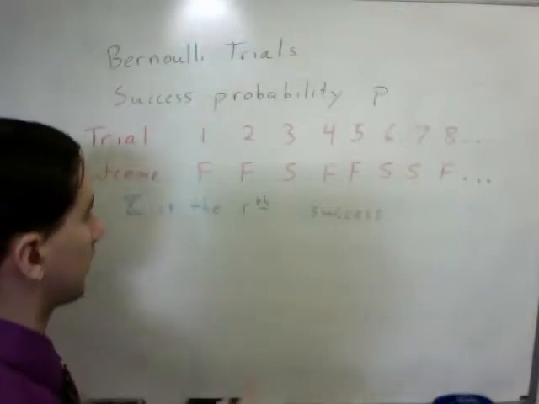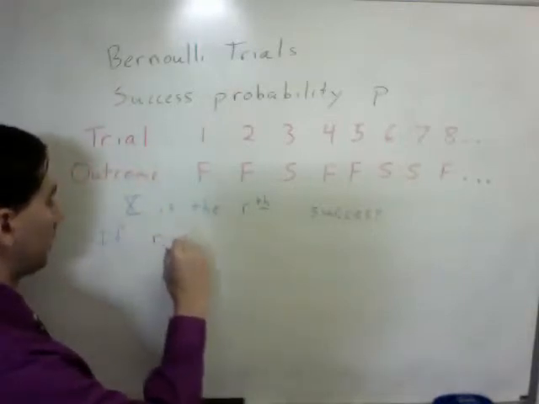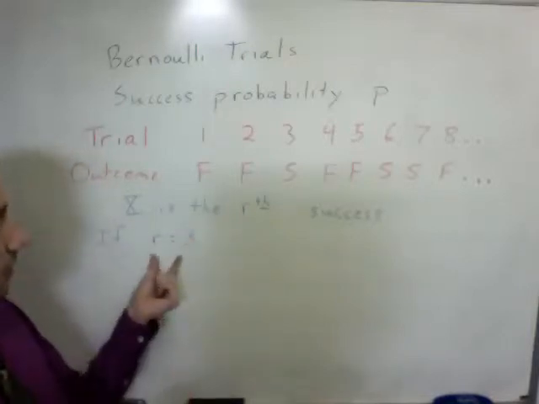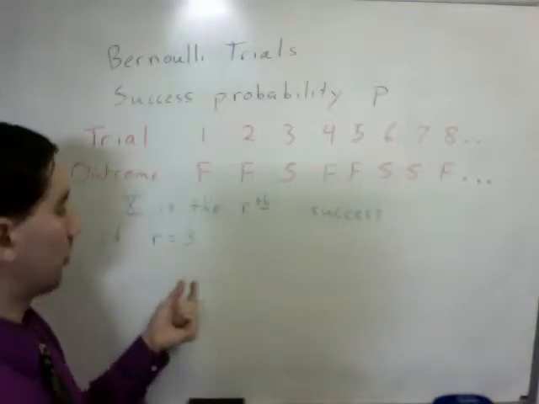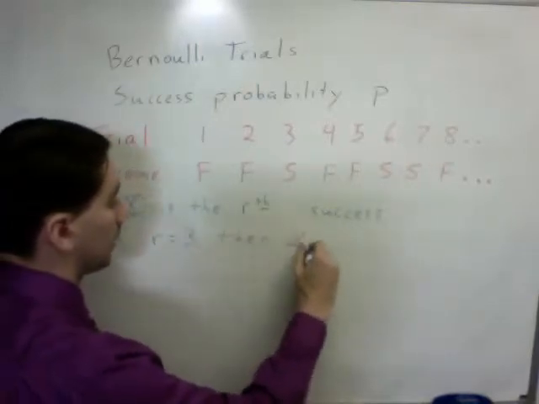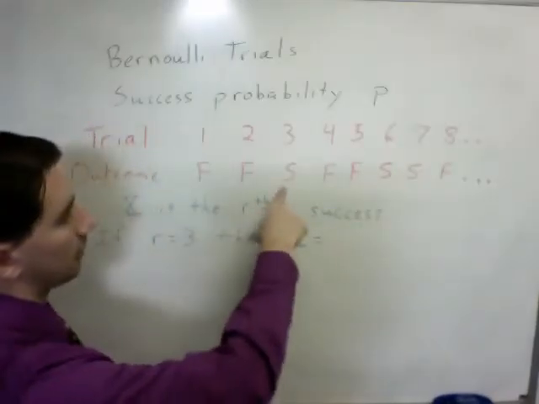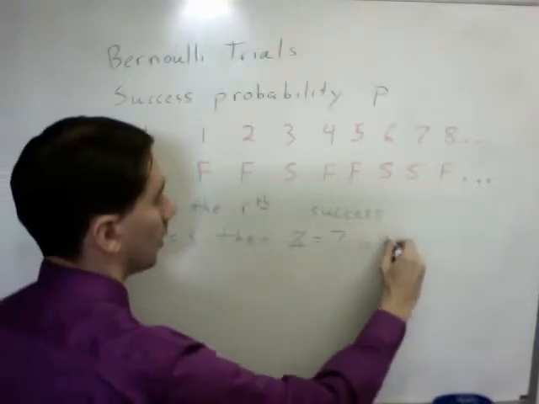We'll say rth success. Suppose r equals 3. This means we're looking for the first trial in which we get the third success. So we want to know, when do we have a third success? Then x in this example would be: here's our first success, our second success, our third success. So x equals 7 in this example.